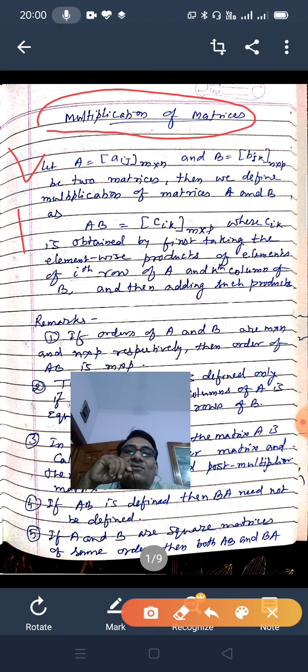AB is equivalent to the matrix Cik, whose order is m cross p, where Cik is obtained by first taking the element-wise product of the elements of the ith row of A and the kth column of B, and then adding such products.